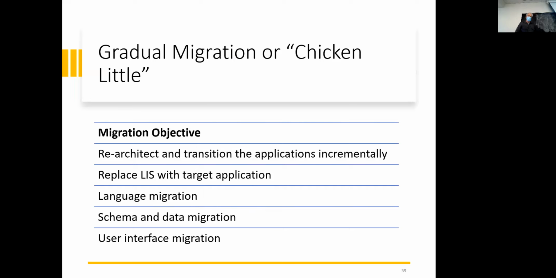So such a gradual migration could be just a re-architecting of some parts, right? You might do some restructuring. We might replace some parts with a new application. We could do a language migration. So you have a COBOL application and you might migrate it to Java.